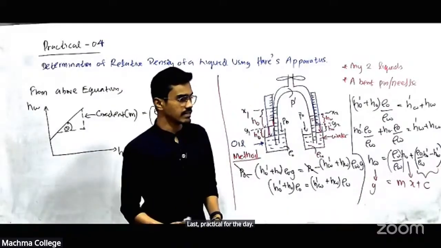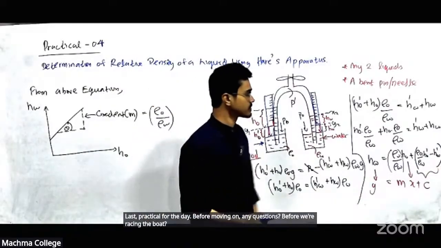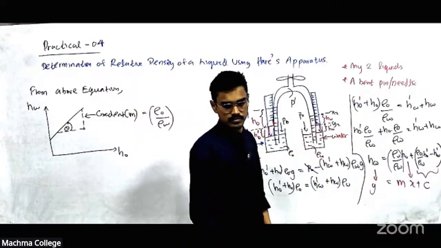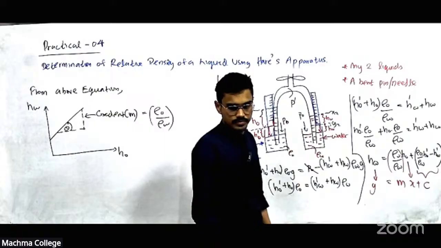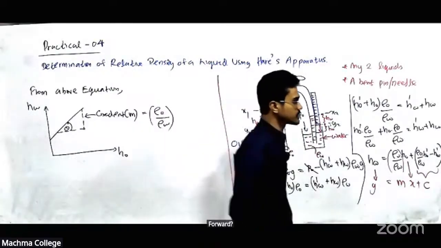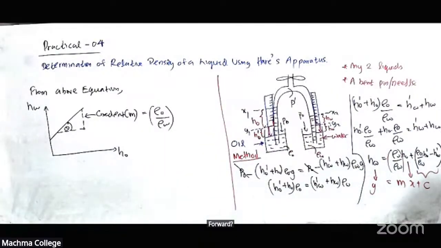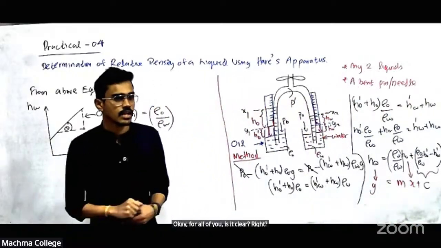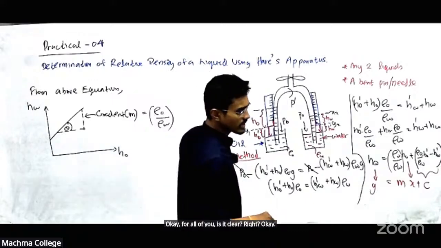Before moving on, any questions before erasing the board? All good? Last note. Someone please send the note to the chat. Is it clear? Right? Okay then. Then we are moving on to the last one.